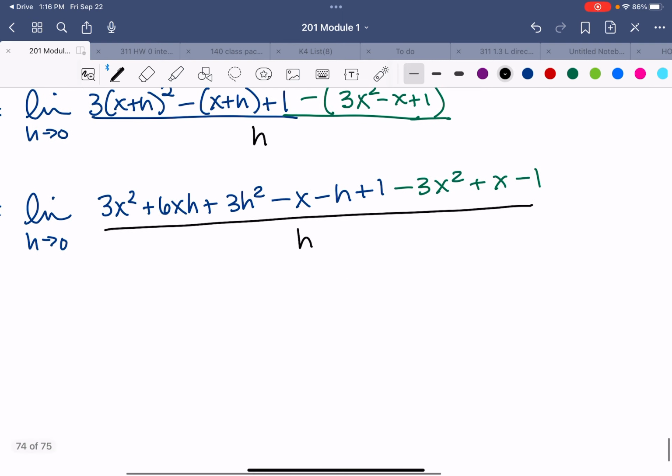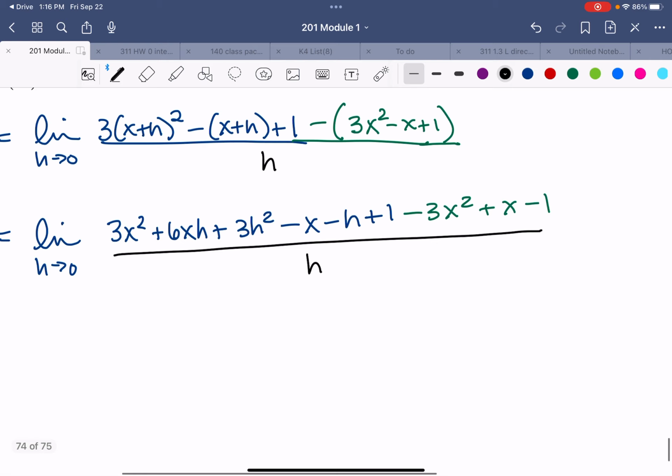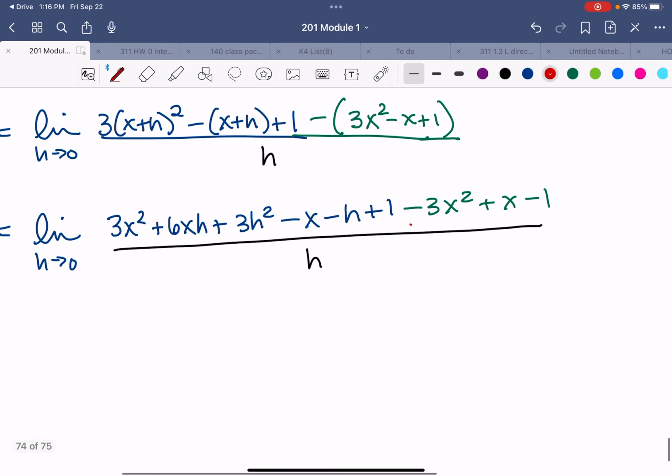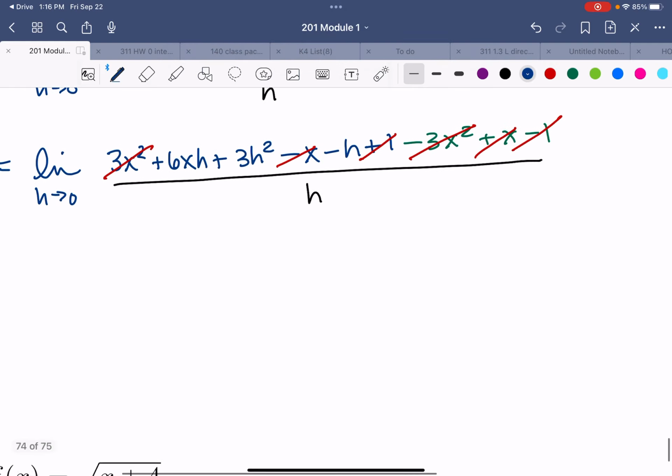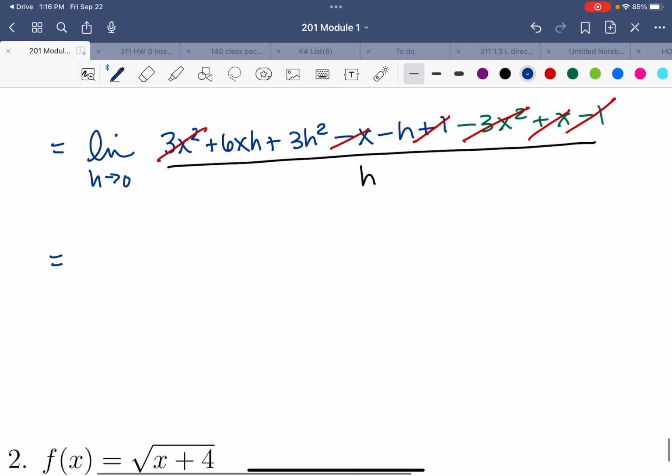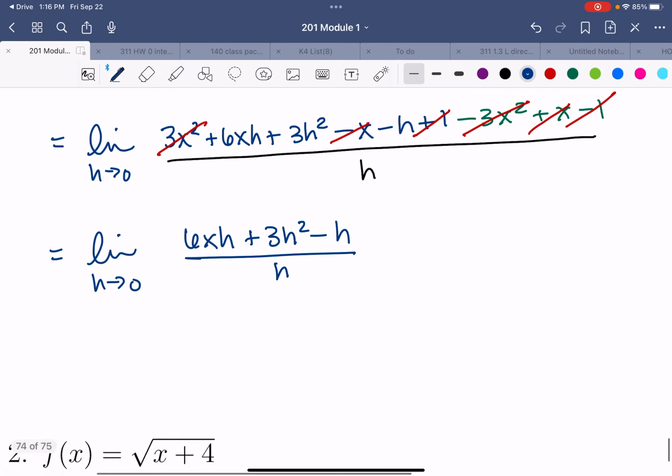All right, now we know in order to cancel out that h, I have to have an h in every term on the top so that everything that does not have an h should cancel. So this negative 3x squared with the positive 3x squared. This positive x with this negative x. This negative 1 with this positive 1. And all the other terms have an h in them. So this is the limit as h goes to 0 of 6xh plus 3h squared minus h all over h.